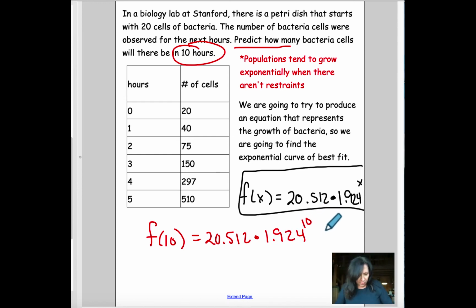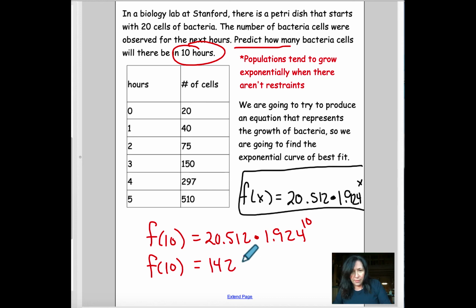So use your calculator: 1.924 to the 10th power, equals, and then multiply that by 20.512. And I am getting 14,258. So I get f of 10. After 10 hours, we are at 14,258.